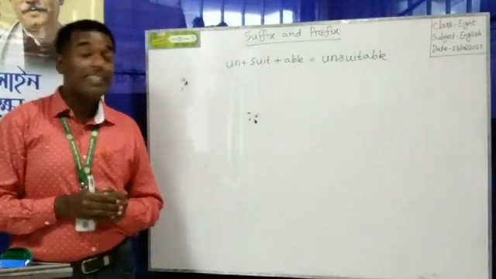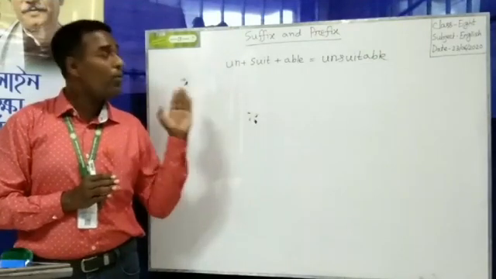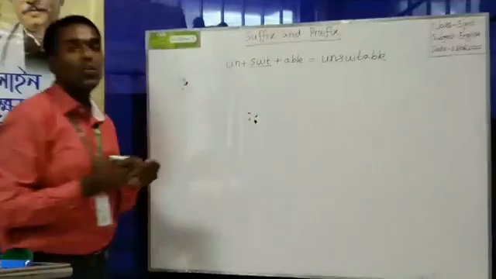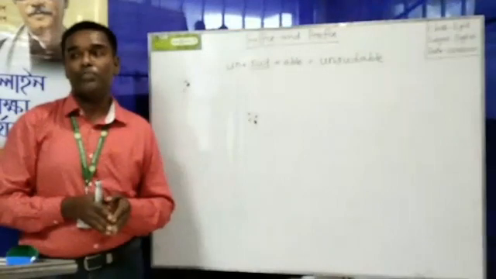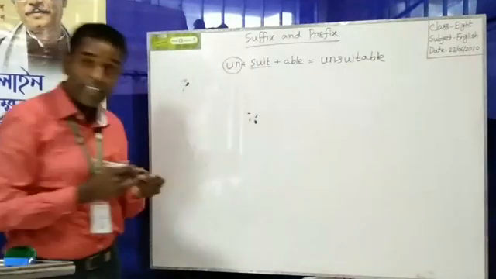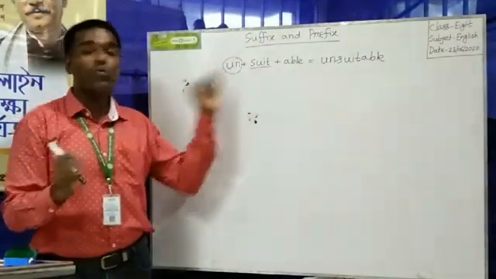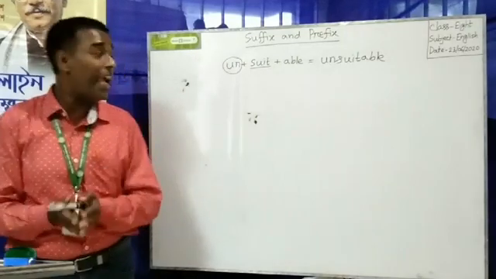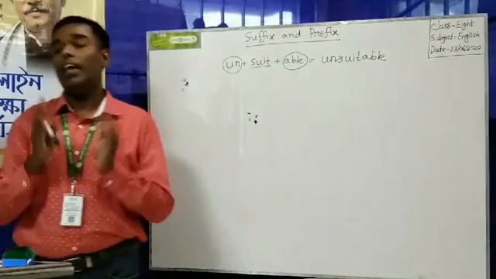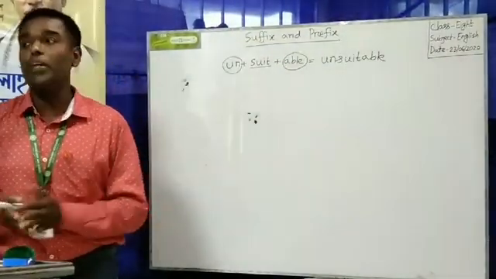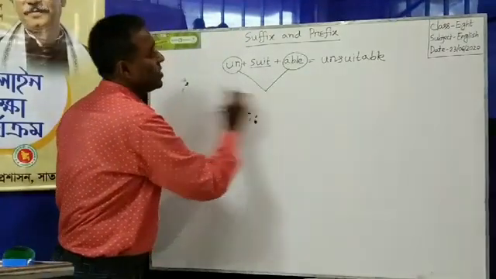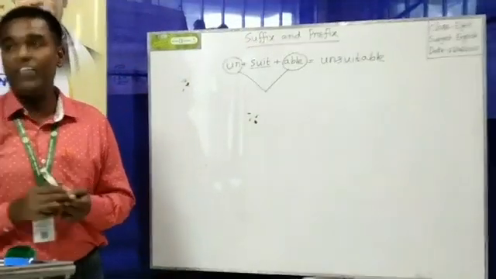You can say it also base word. So what is the root word here? Yes, suit is the root word here. And here we get un prefix at the front of the root word suit, and we also get able suffix at the back of the root word suit. That means we use here both suffix and prefix.